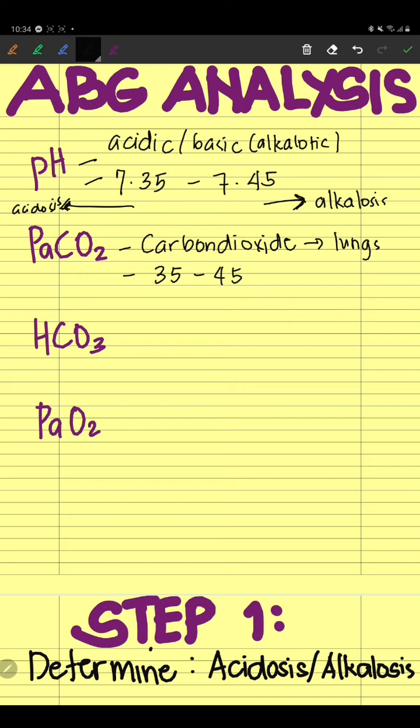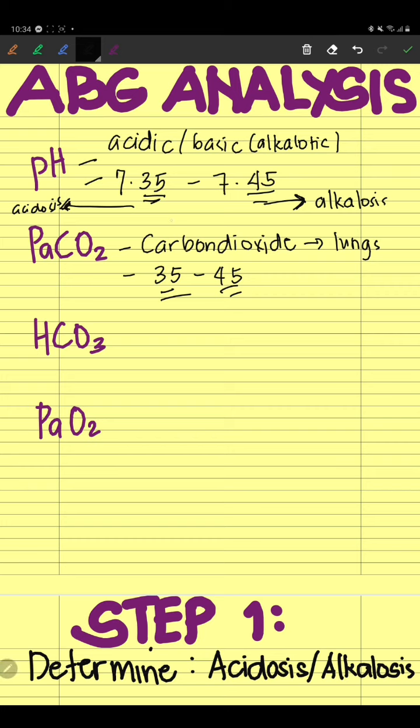It is easy to understand kasi ang pH 7.35 to 7.45, PaCO2 is from here and there, 35 to 45. Please memorize these values, okay? So 35 to 45. Take note so that we will know kung alkalotic siya or alkalosis or acidosis.